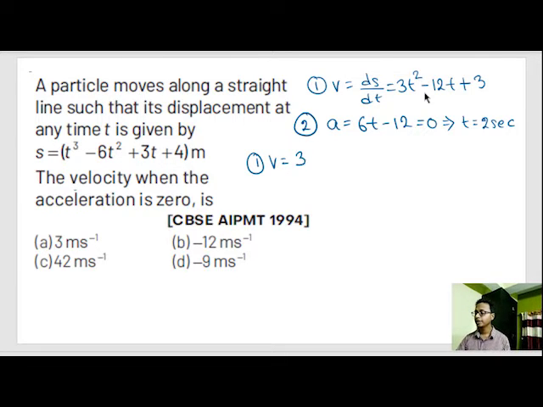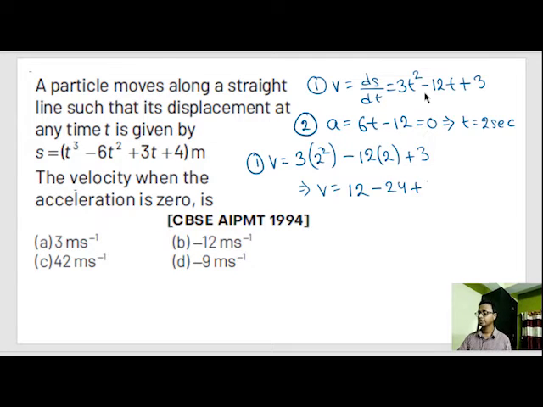So 3t square, t square means 2 square, minus 12 into 2 plus 3. 2 square is 4. 4 into 3 is 12. Minus 12 into 2 is 24.